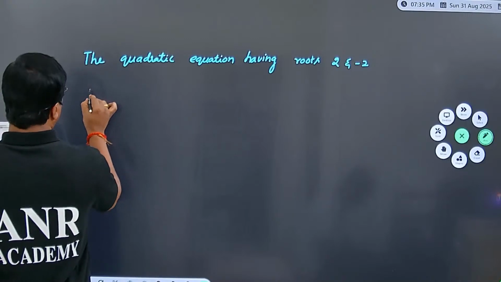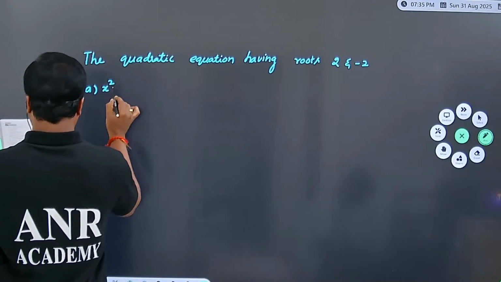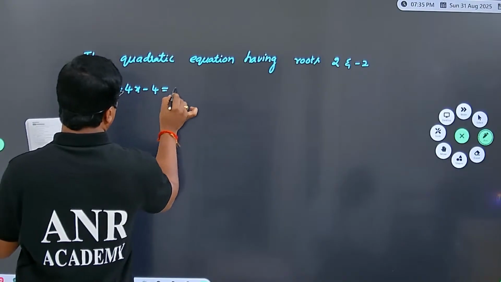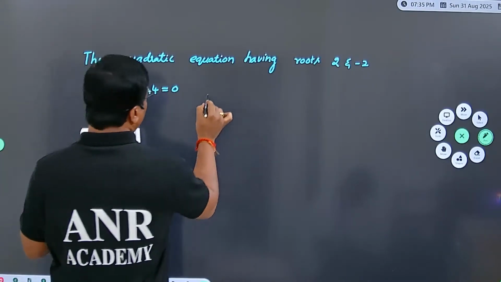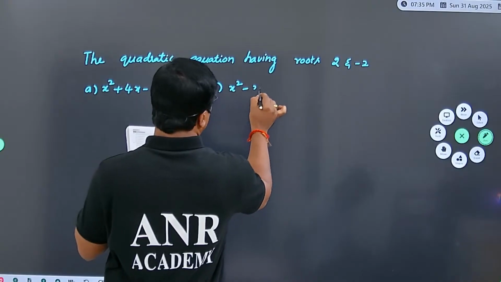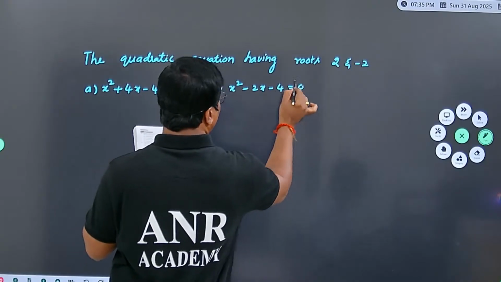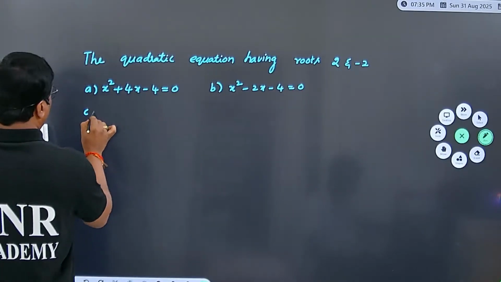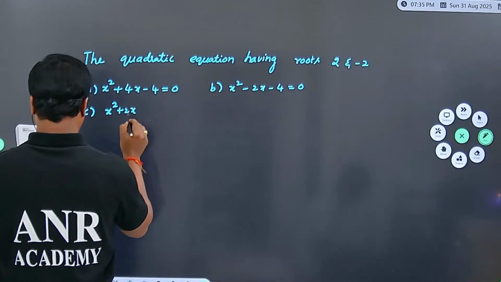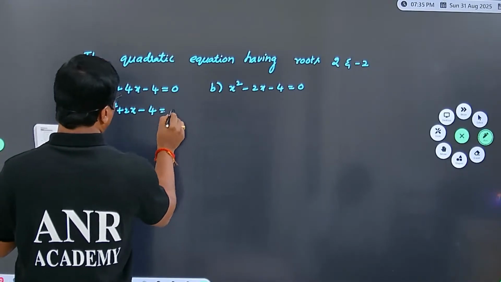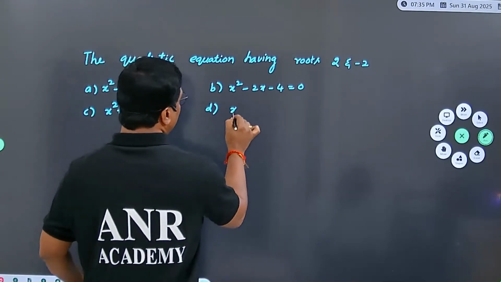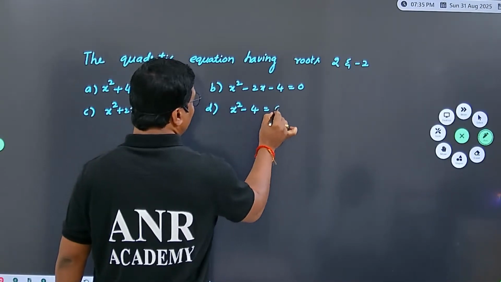First option, x square plus 4x minus 4 equal to 0. Second option, x square minus 2x minus 4 equal to 0. Third option, x square plus 2x minus 4 equal to 0. Option D, x square minus 4 equal to 0.